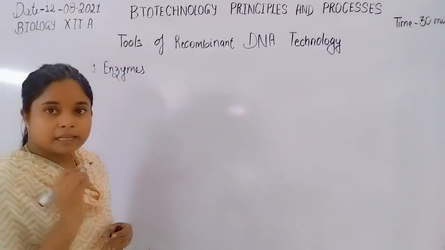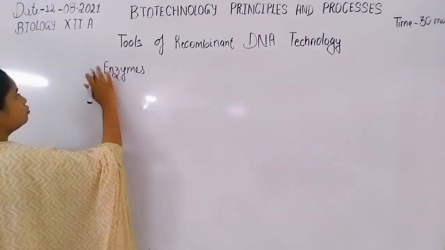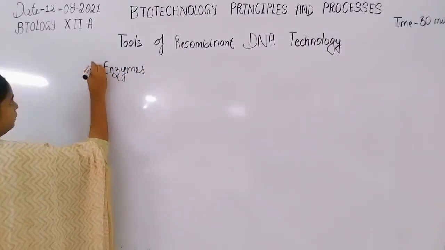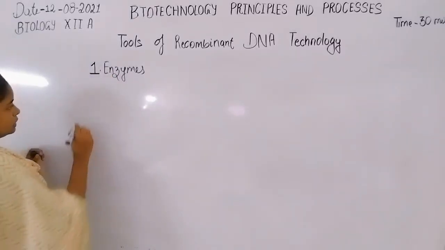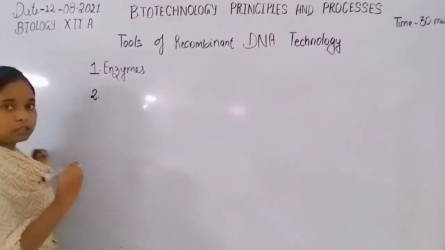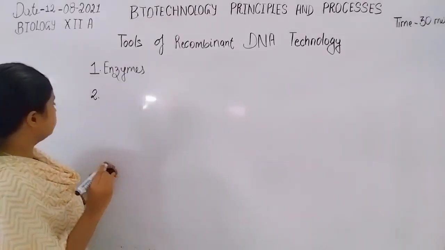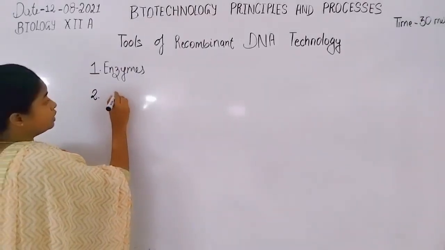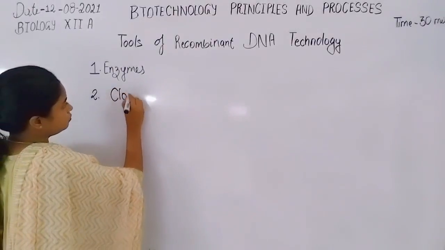We use different types of enzymes for recombinant DNA technology. The second tool is the cloning vector.